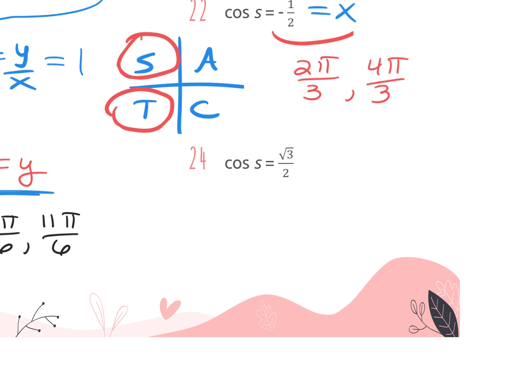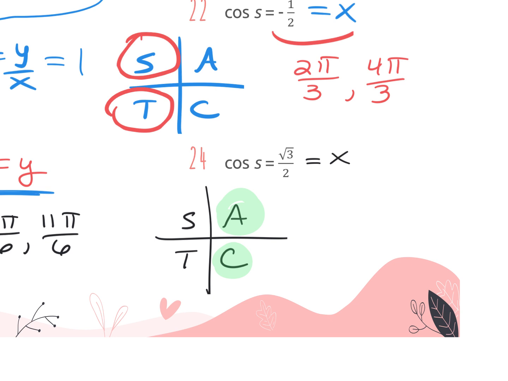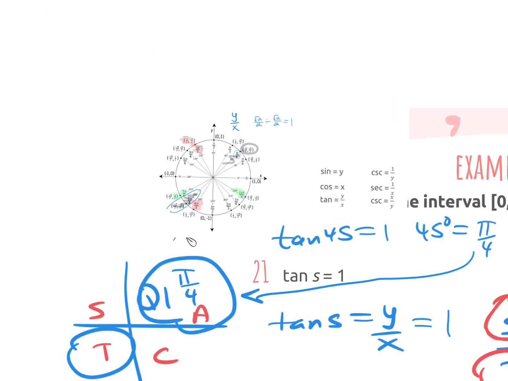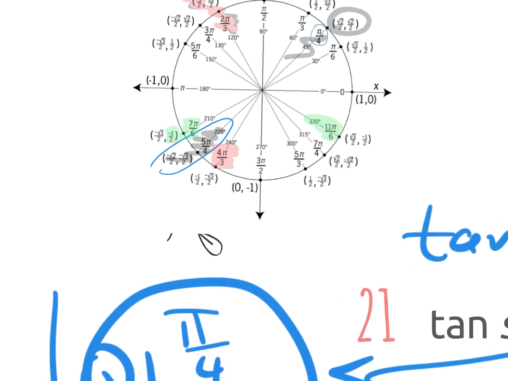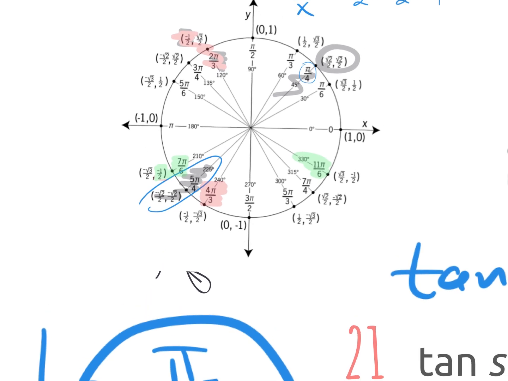Cosine. Cosine looks at x. All Students Take Calculus. I am looking where cosine is positive. It's positive here in quadrant 1 and in 4. I'm looking for an ordered pair that has square root of 3 over 2 as the x of the ordered pair. So let me zoom into my unit circle. And I can see that the square root of 3 over 2 in the x spot in quadrant 1 is going to be pi over 6.